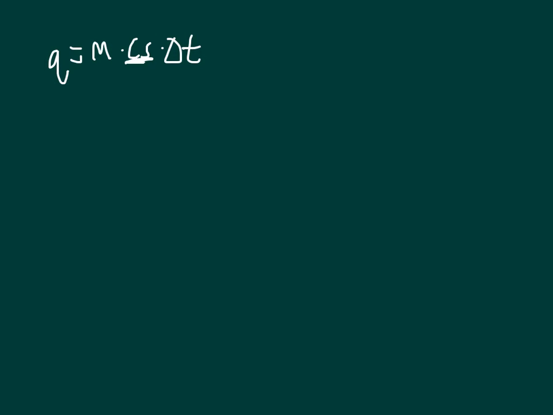Let's do that out. If we just want to solve for CS, we should get CS equals Q divided by mass multiplied by delta T, right? Perfect.